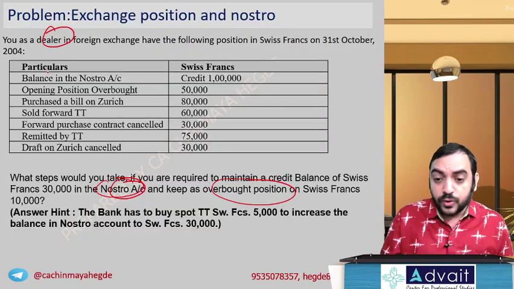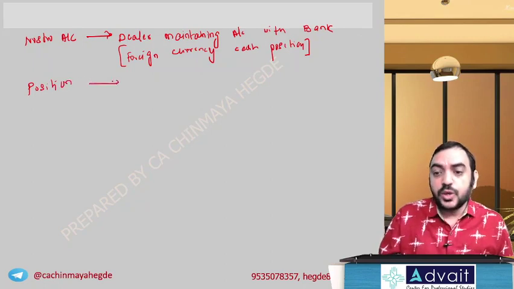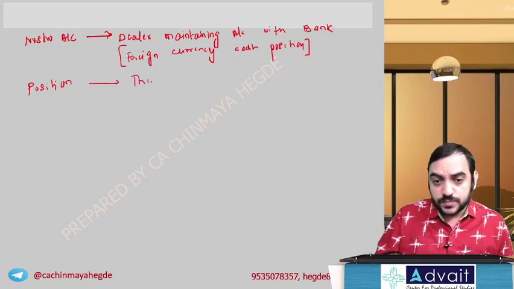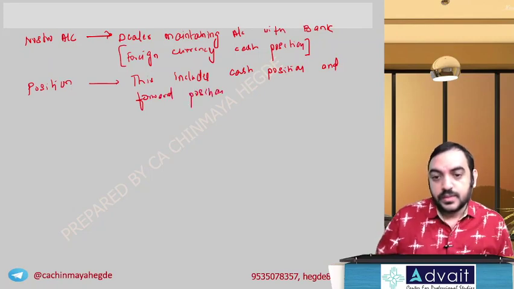Then you have one more, which is the overbought position. This includes, an interesting point, let me write it first, the cash position, that is the Nostro account, and the forward position.